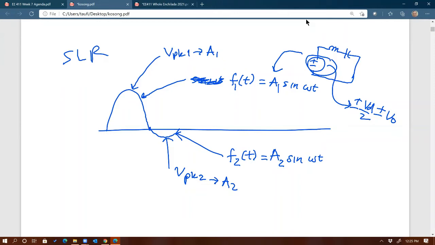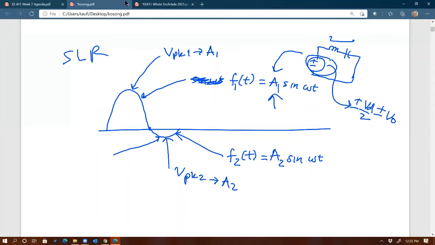That would further affect the peak value of that sine wave. So when it goes into the negative side, you'll have the same circuit but a different source into the tank. That's why it will be a different sine wave at a different peak.